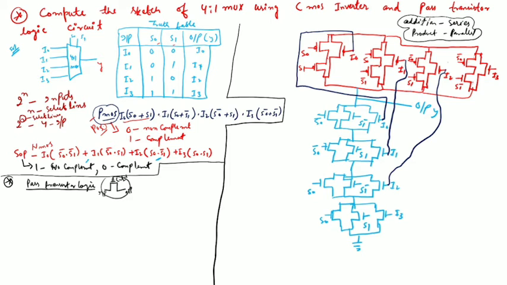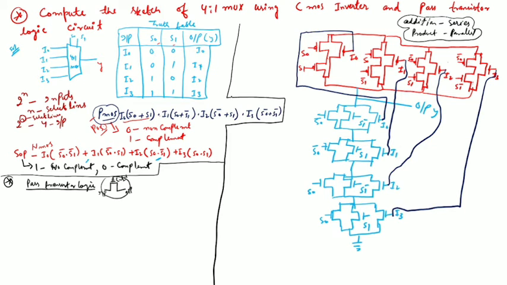Basically what we are doing here is this above is the PMOS and this below is the NMOS. When PMOS and NMOS are connected in series, it behaves like an inverter. So here this also behaves like an inverter. We are only connecting PMOS and NMOS to each other in series, so it behaves like an inverter circuit. Last one, I3 will be connected with this. So these inputs are connected to each other.